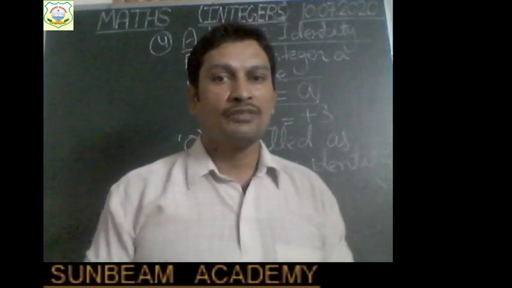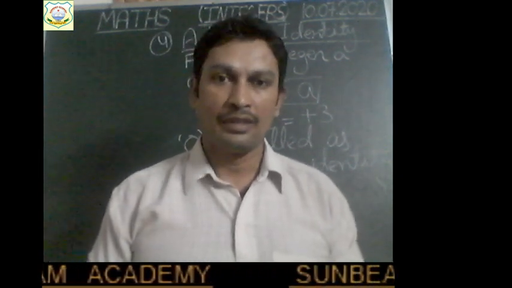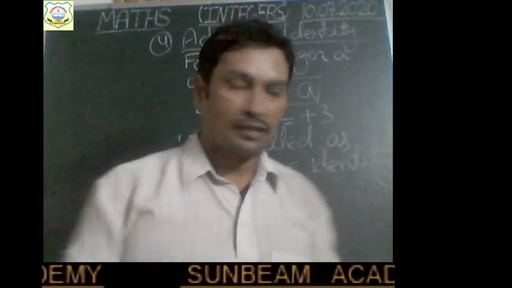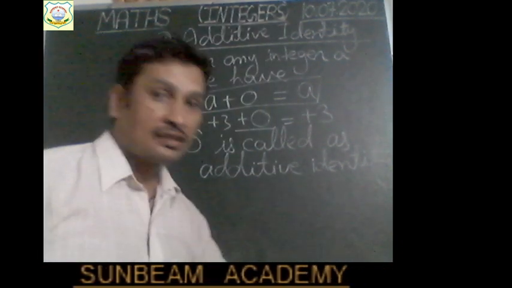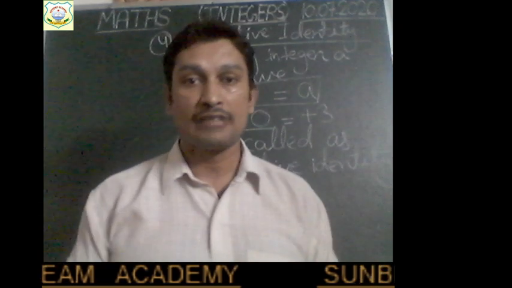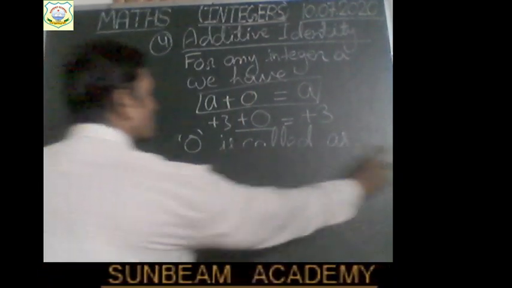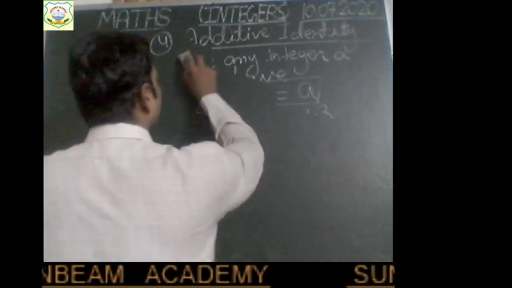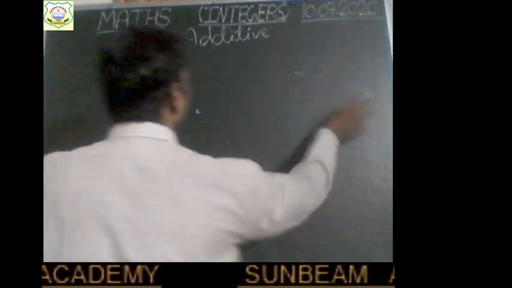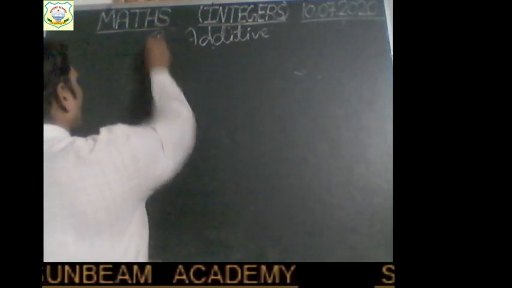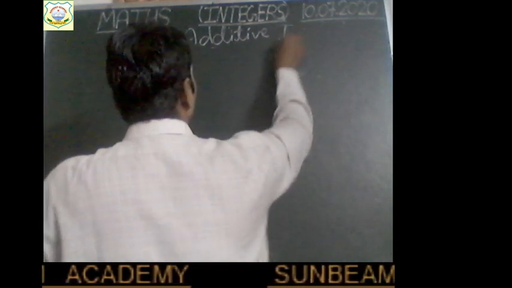Now let us move to the fifth and last property of addition of integers. The last property of addition of integers is additive inverse. Okay. So let us write the fifth property, that is additive inverse. You can note this down in your copy also. Additive inverse.